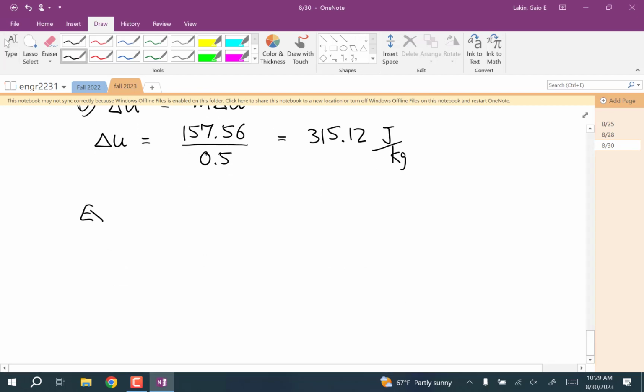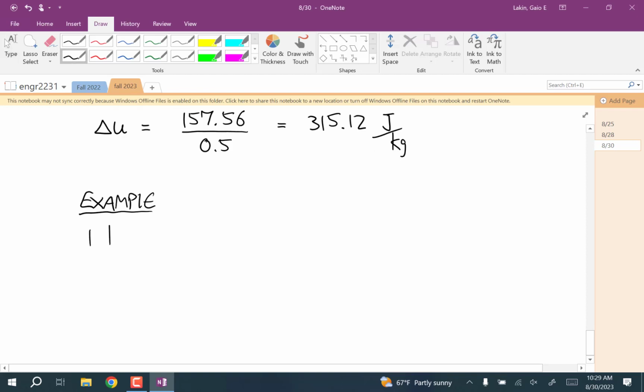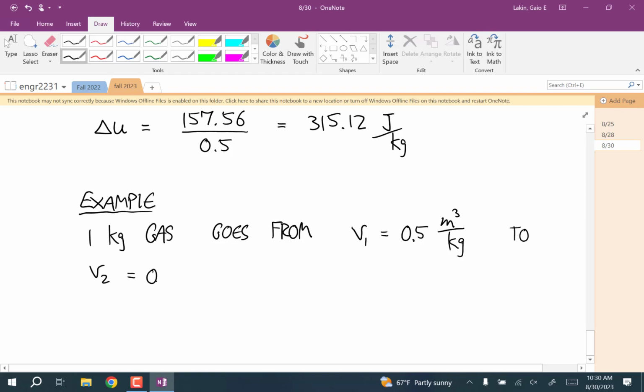Okay, let's do one more example before we go on to anything new. So let's say we have 1 kilogram of gas, and it goes from a specific volume V1 of 0.5 cubic meters per kilogram to a specific volume V2 of 0.3 cubic meters per kilogram.